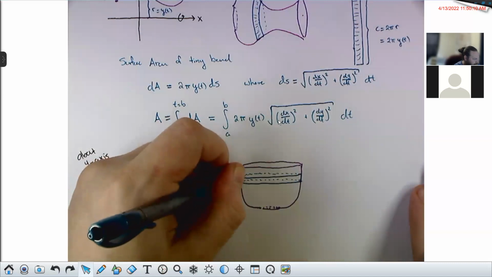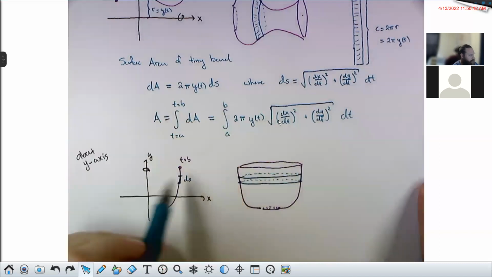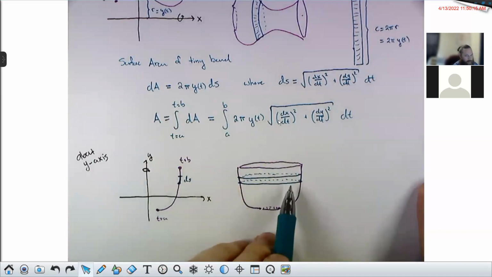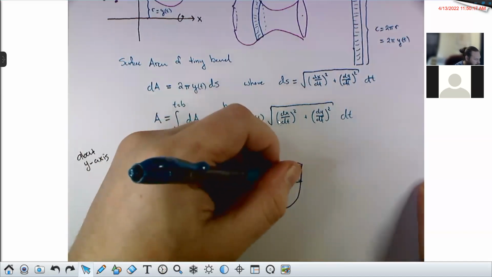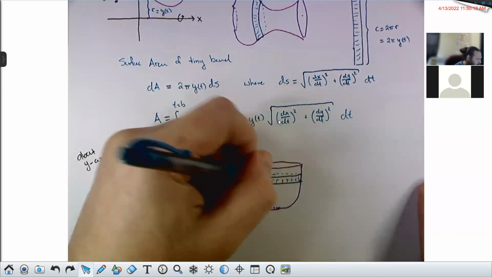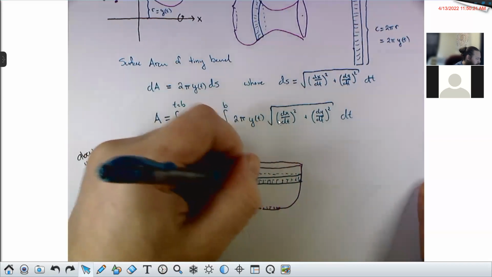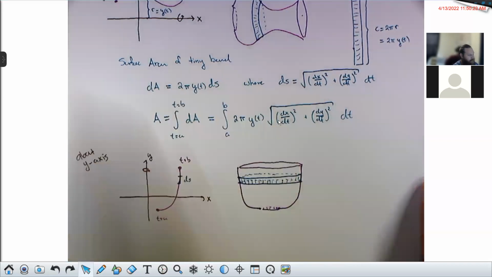Sorry, a little band of surface area, not a little band of arc length. A little piece of arc length, when rotated, gives us a little band of surface area. Like so.